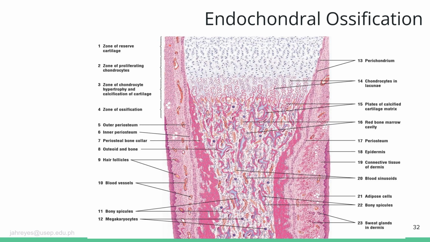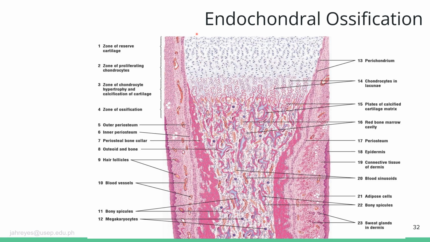So the zone of reserve cartilage is an area where there is no noted cellular proliferation or active matrix production. The zone of proliferation, however, is adjacent to the zone of reserve cartilage, going internally in the direction of the diaphysis.